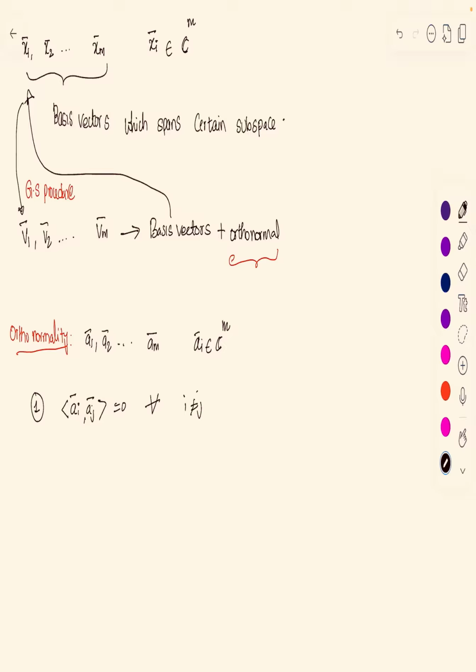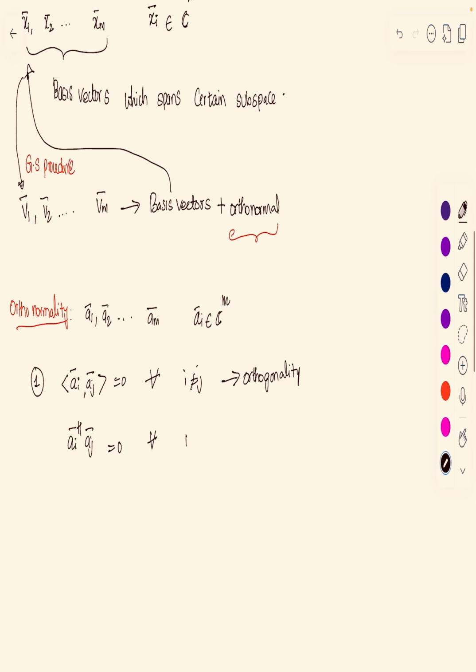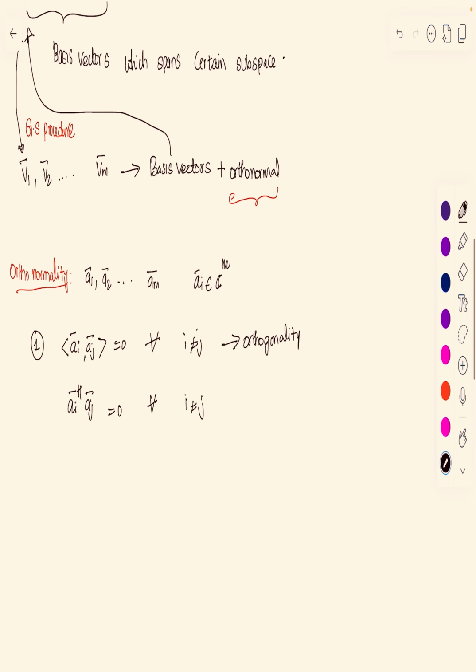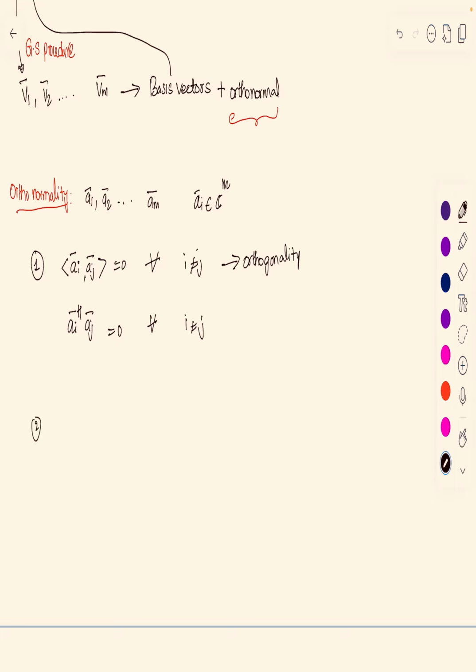So this condition ensures orthogonality. In other words, this is ai bar Hermitian aj bar equal to 0 for all i not equal to j. And the second condition is that the same dot product ai bar aj bar will be equal to 1 for all i equal to j.